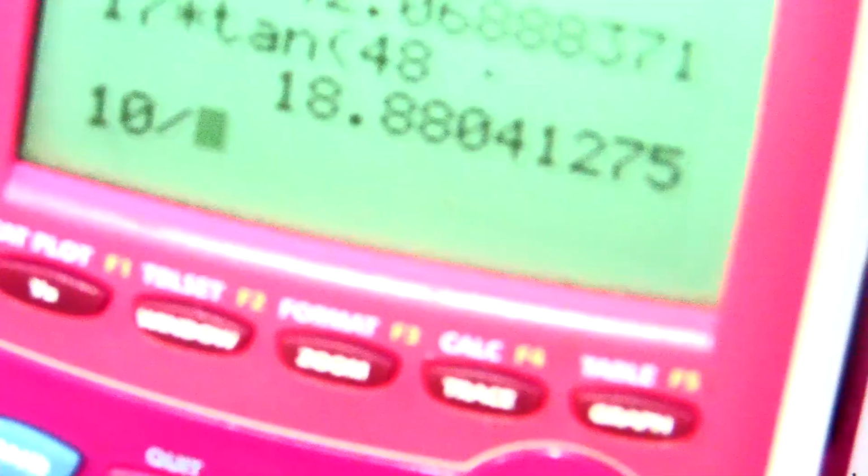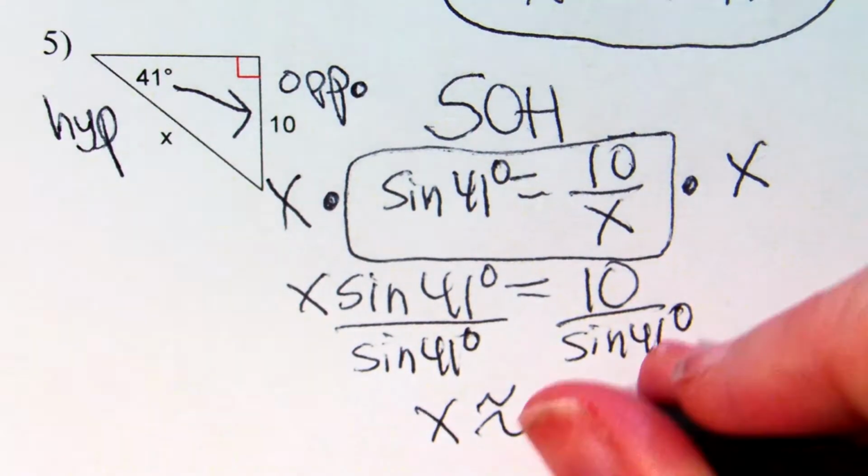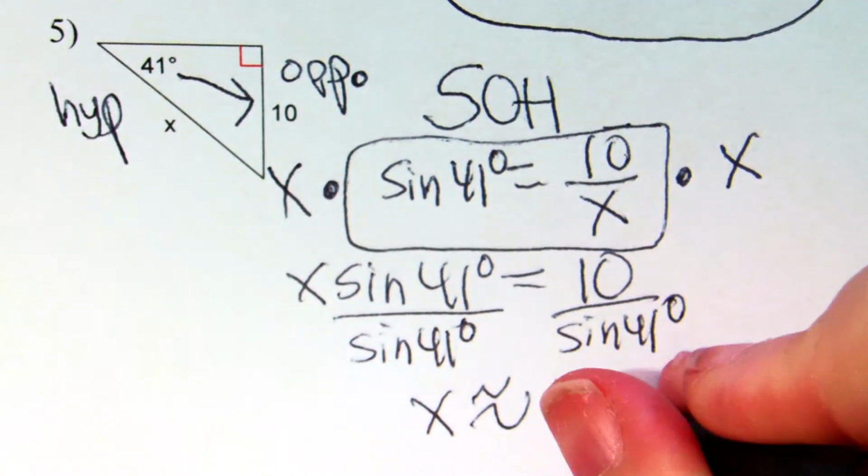So it's 10 divided by sine 41. 15.24. 4 is less than 5, so it stays down. So it's 15.2.